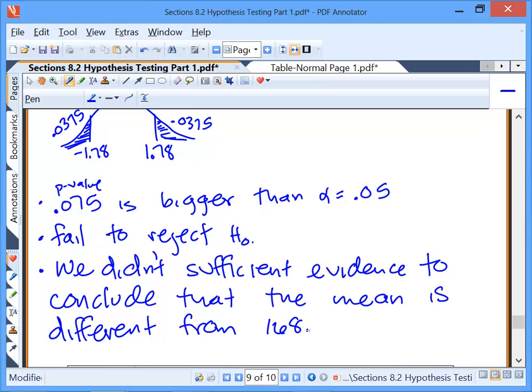Okay. Notice here that I'm not saying that we found evidence that the mean is 168. We just didn't find enough evidence to conclude that it's not 168.